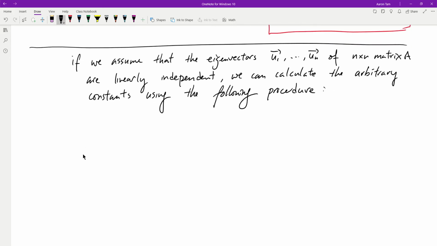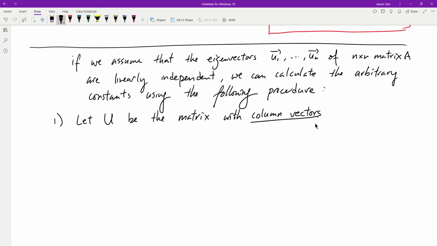So what is this procedure? Start with number one. We're going to let capital U be the matrix, remember, we use capital letters to represent matrices, with columns, the vectors u1, u2, to un.